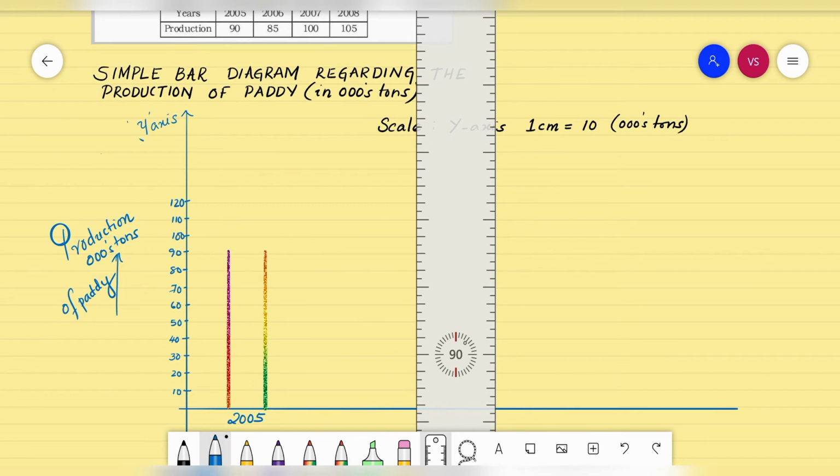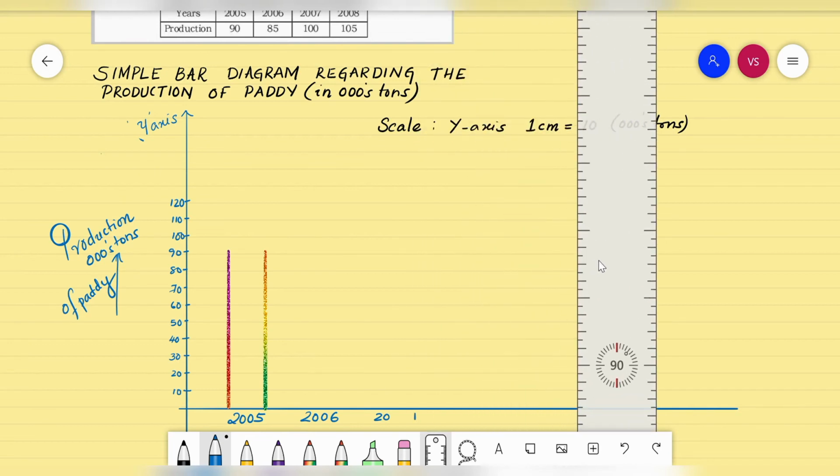The next is 2006, then 2007, and the next is 2008.